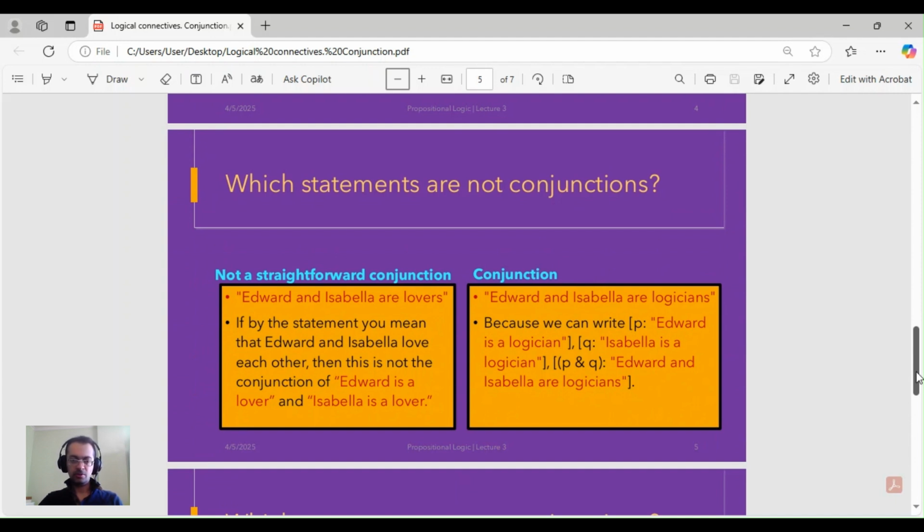But if we use logicians in our statement, you can see that our example can be used as a conjunction. That is, Edward and Isabella are logicians is a conjunction, because we can write P statement, Edward is a logician, Q statement, Isabella is a logician. P and Q, our conjunction, will be Edward and Isabella are logicians.